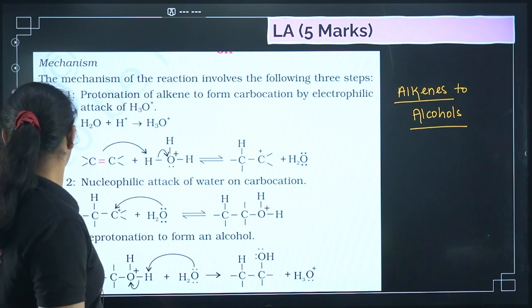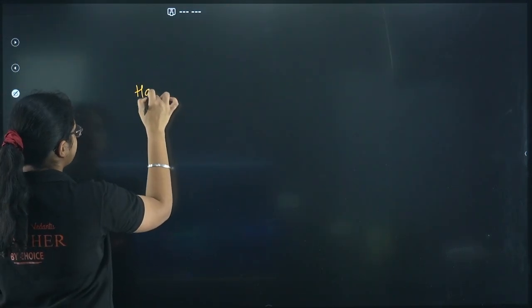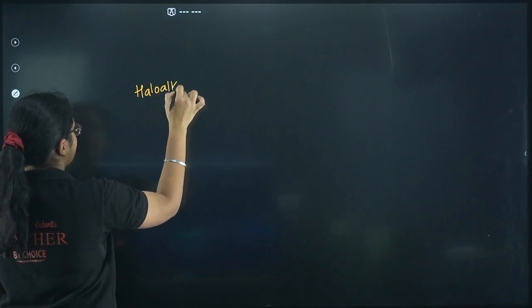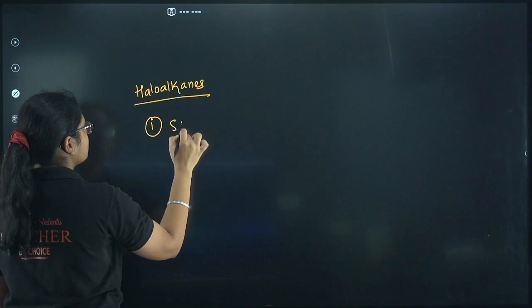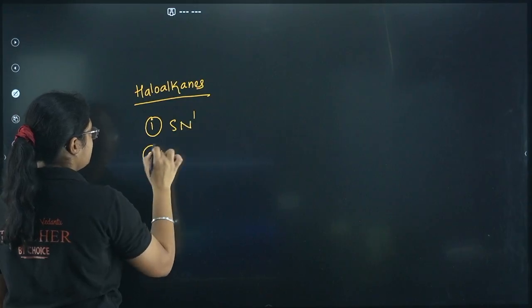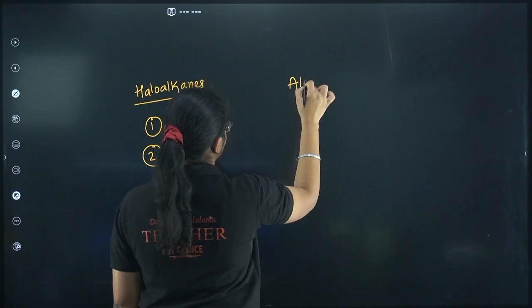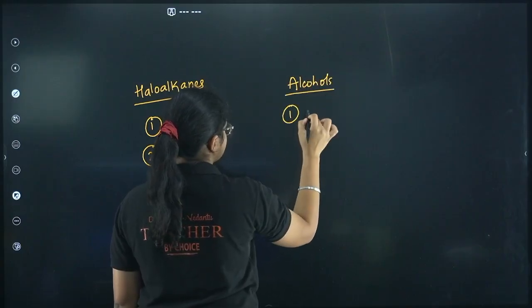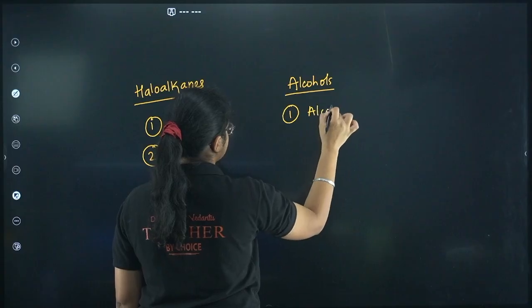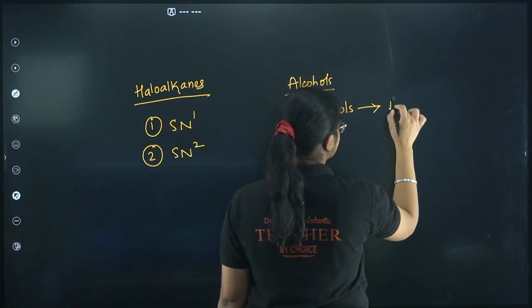Now once again, if I just want to summarize, in chapter number 1, that is haloalkanes and haloarenes, two mechanisms you should focus on: SN1 and SN2. In case of alcohols, phenols and ethers, there are three mechanisms. First one is alcohols to alkenes.